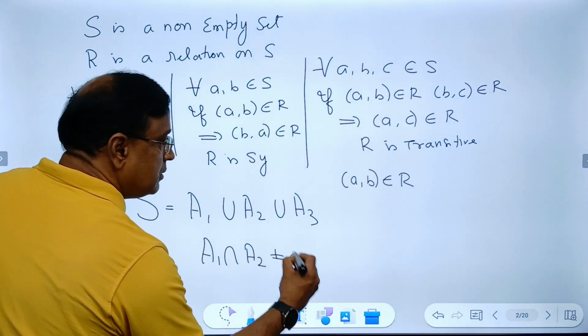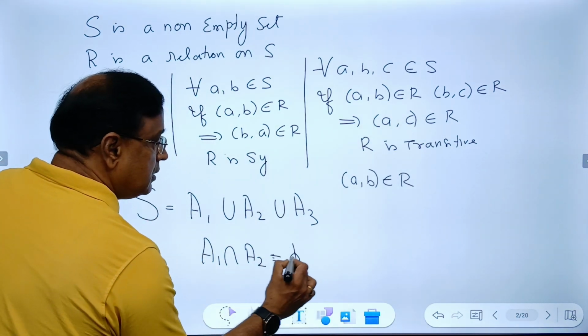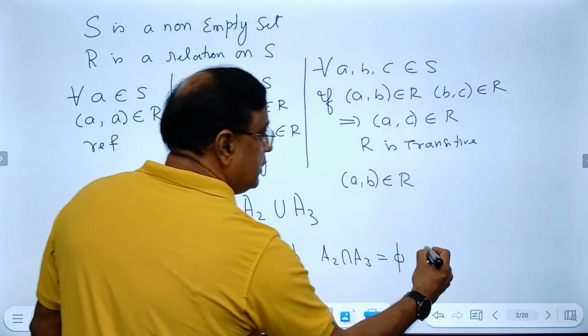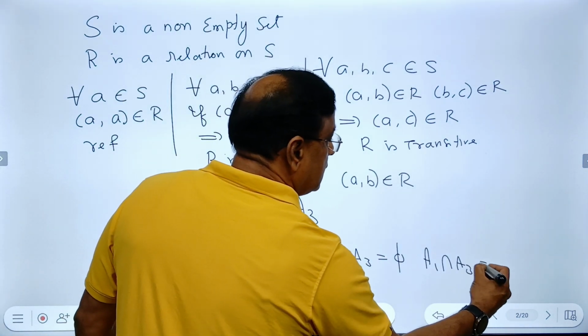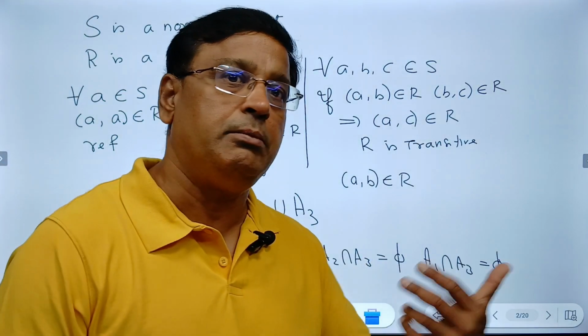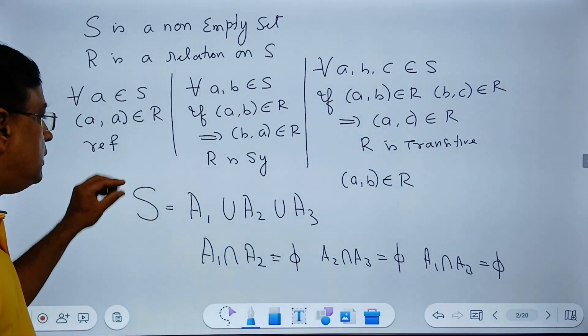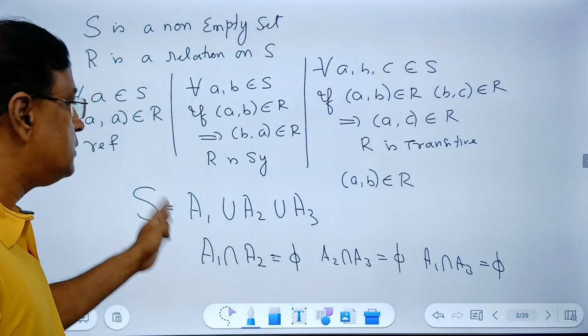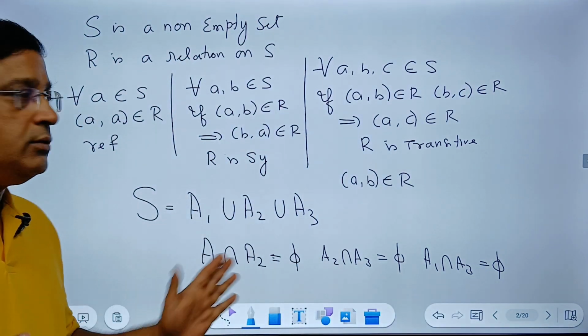A1 intersection A2 is a null set, A2 intersection A3 is a null set, and A1 intersection A3 is a null set. I just took 3 sets for convenience; you can have any number of sets. So basically A1, A2, A3 partition the set S into 3 disjoint subsets. Okay, so that's what we discussed.